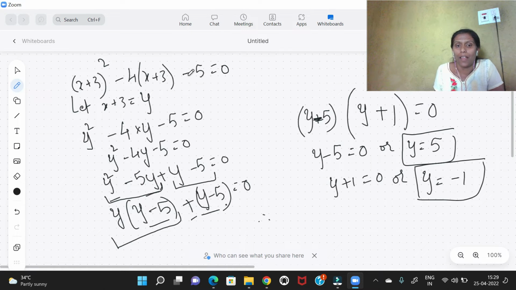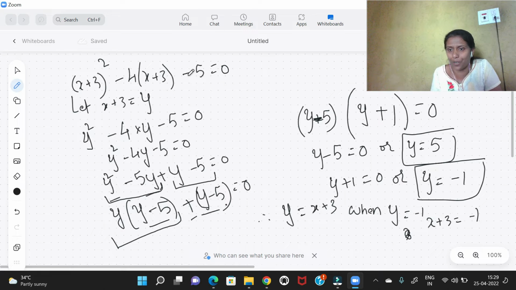Therefore, y = x + 3. Now, when y was −1, x + 3 = −1, right? I just substituted, so x = −4.